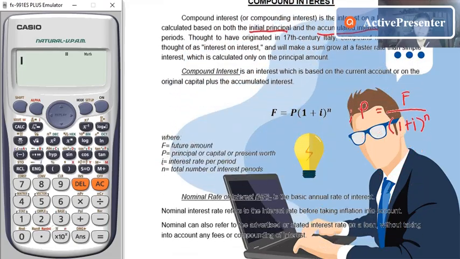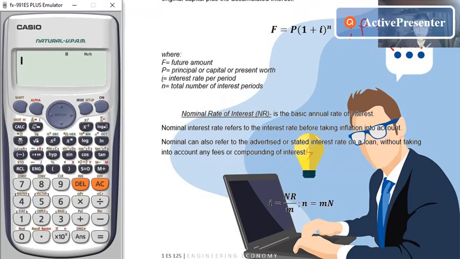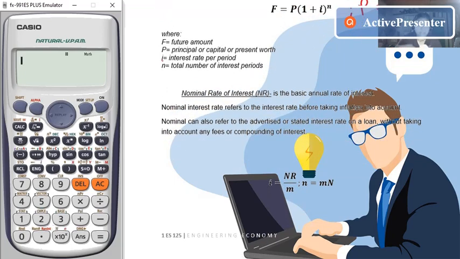So we proceed. So in compound interest, we have a nominal rate of interest or NR. So kaning NR is the basic annual rate of interest. Nominal interest rate refers to the interest rate before taking inflation into account.